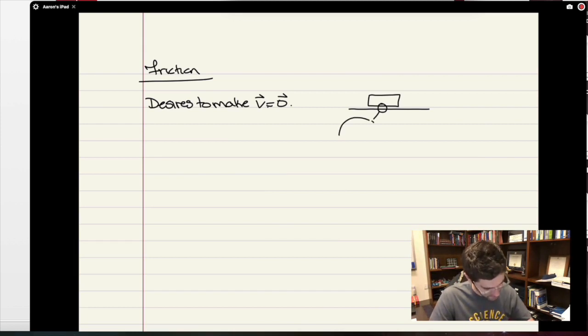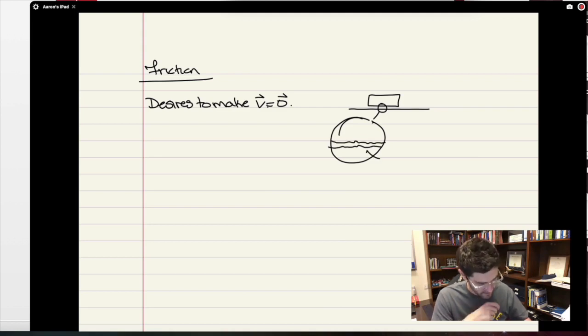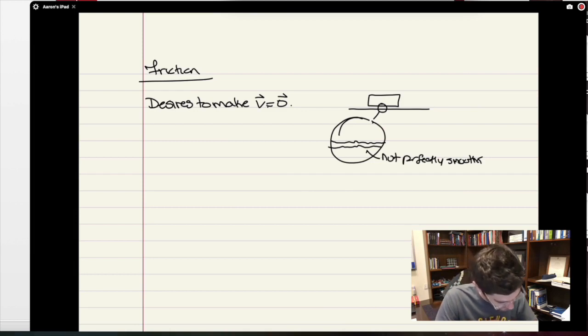If I were to zoom in, I would see that the box and the floor are not perfectly smooth. I should have used different colors. Let's make the box red. So then if I zoom in, this is the box, and this is the floor.